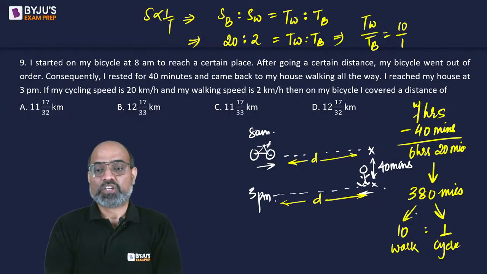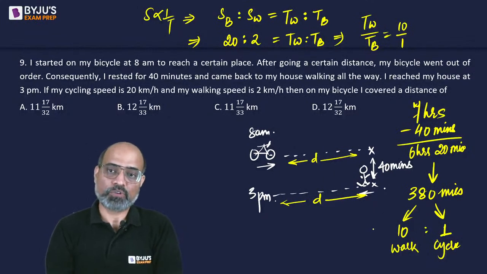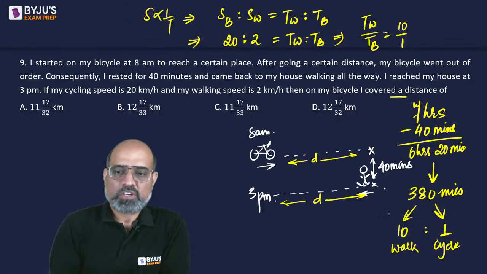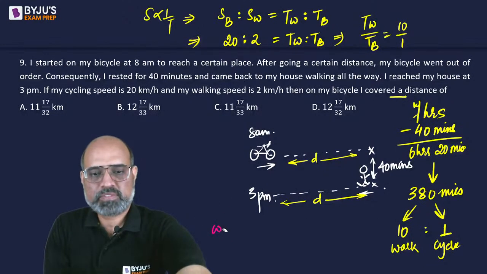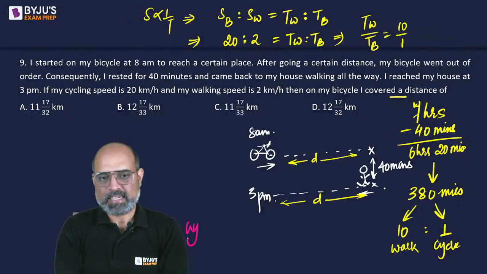So if we divide 380 in the ratio 10:1, I had to find either the bicycle or the walk, either one. So let me take the cycle. The cycling time is going to be 1/11 of 380 minutes.